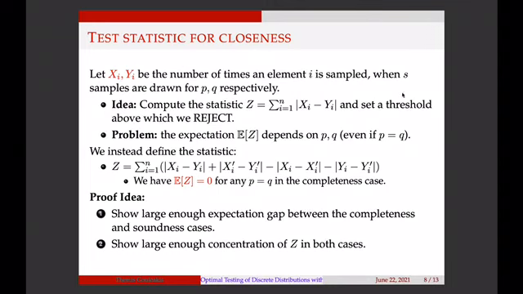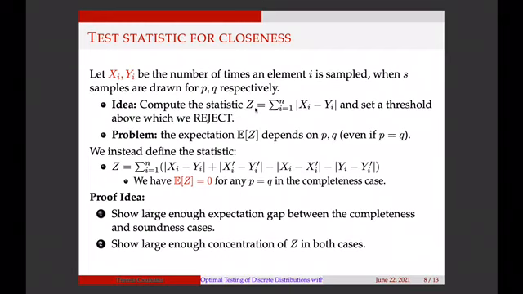Each of these random variables is represented as a value in the histogram. One idea someone can think about is to define the following statistic: to take the sum of the absolute differences of these values, summed over all domain elements, and hope that this is a good statistic that will help solve the problem.